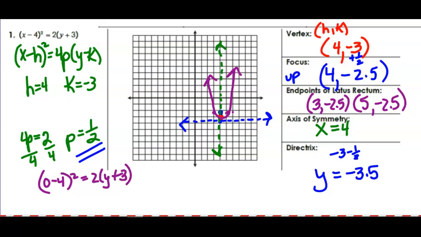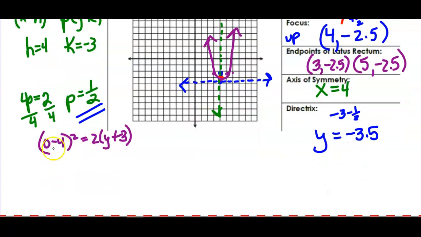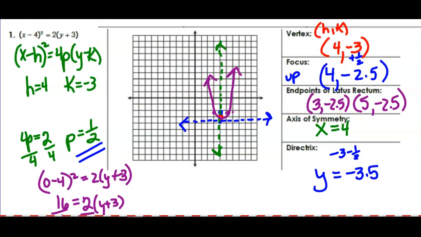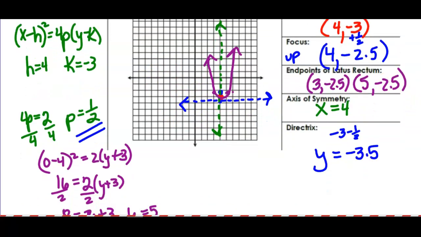I'm going to do the algebra a little odd to make it go faster. 0 minus 4 squared would be 16. Rather than distribute this, I'm actually going to divide it. You could distribute it, it's fine. And subtract, and I get 5. You don't have to do that. I'm not going to make you graph a lot of points because all of the questions on this, I believe, are matching. DeltaMath might have you graph some, but not many.